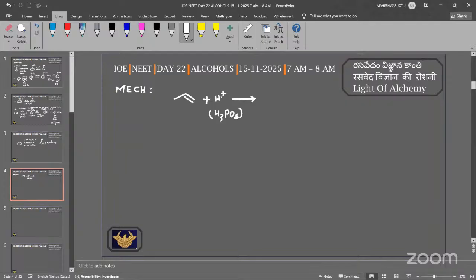This H plus undergoes electrophilic addition with propene. H plus will be added to the terminal carbon, then the middle carbon is losing electron density, so it gets a positive charge. The isopropyl carbocation is the electrophile. Now this electrophile reacts with the benzene.